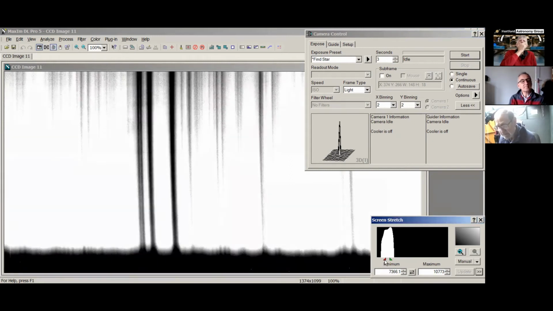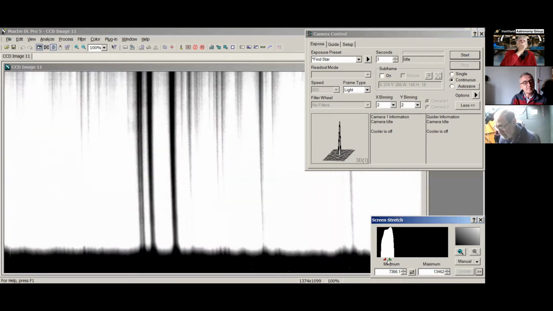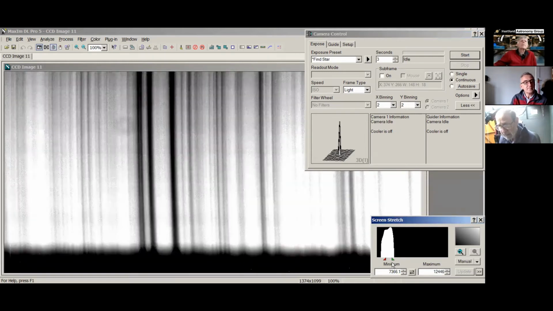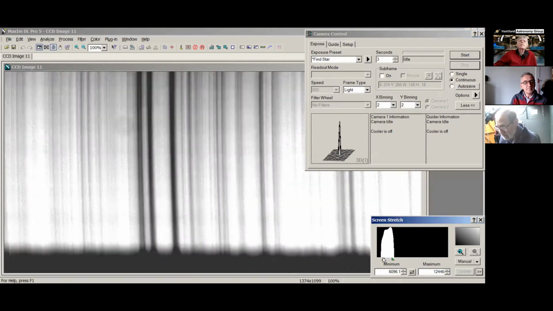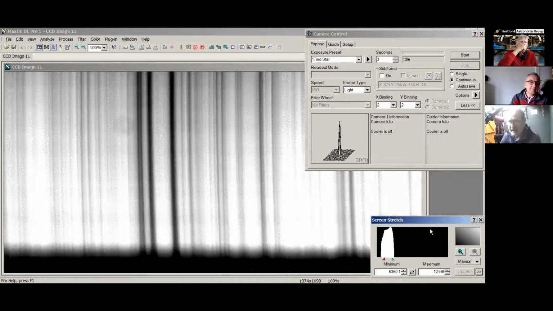I'm just going to try an adjustment of the contrast here, and you should be able to see it's as if the line is split in two, right? That might be the Zeeman effect off the top of my head. I don't know, but I've not seen that before, and I hope you can see this very clearly.